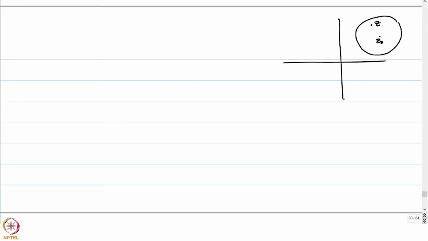Let's just prove that there is a path from z0 to z, and I'll just notice the following. If z0 is equal to a0 plus b0 i, so this is basically the vector (a0, b0), and this is just the vector (a, b), and z is equal to a plus bi.